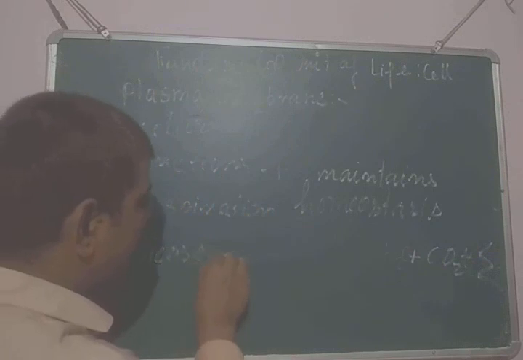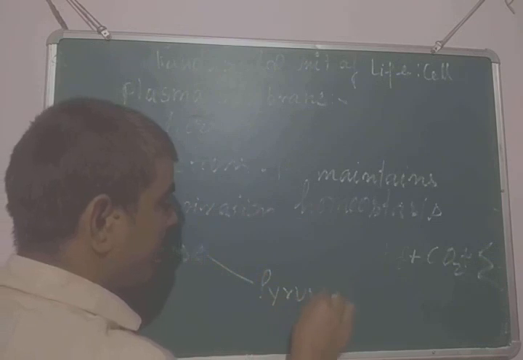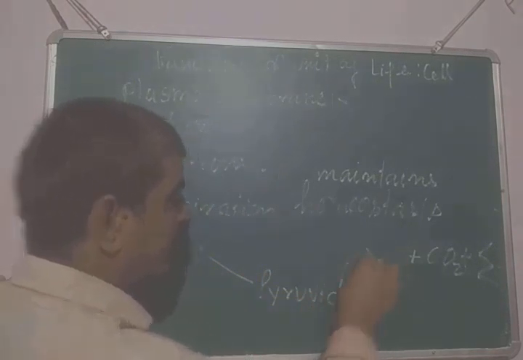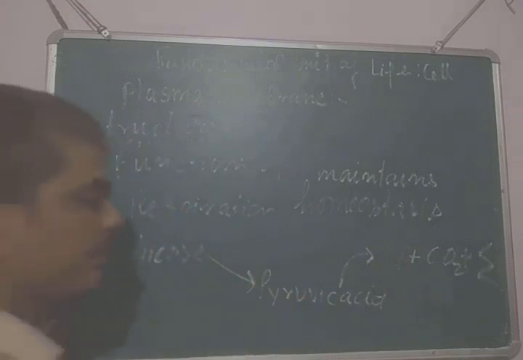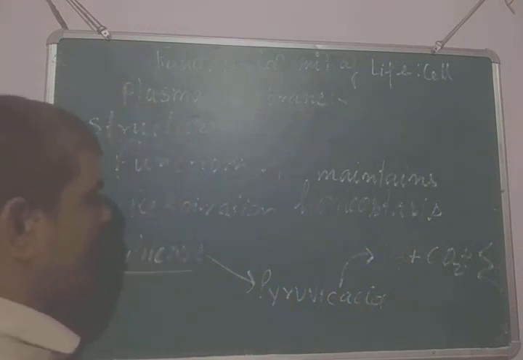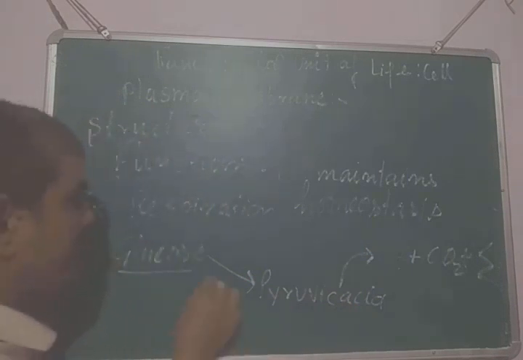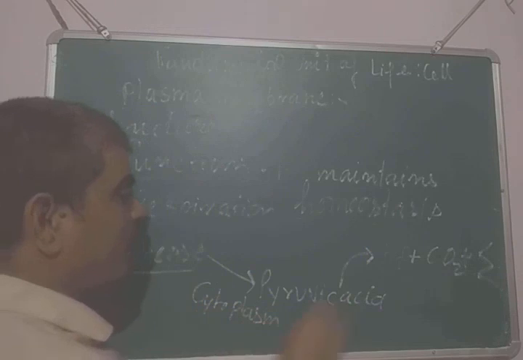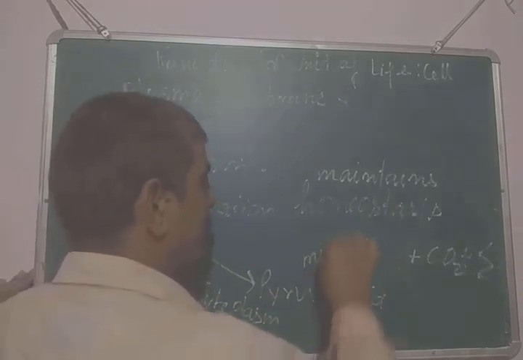First glucose breaks down into pyruvic acid, and then this pyruvic acid breaks down into water, carbon dioxide and energy. The breakdown of glucose and formation of pyruvic acid happens in the cytoplasm, while the later process happens inside the mitochondria.